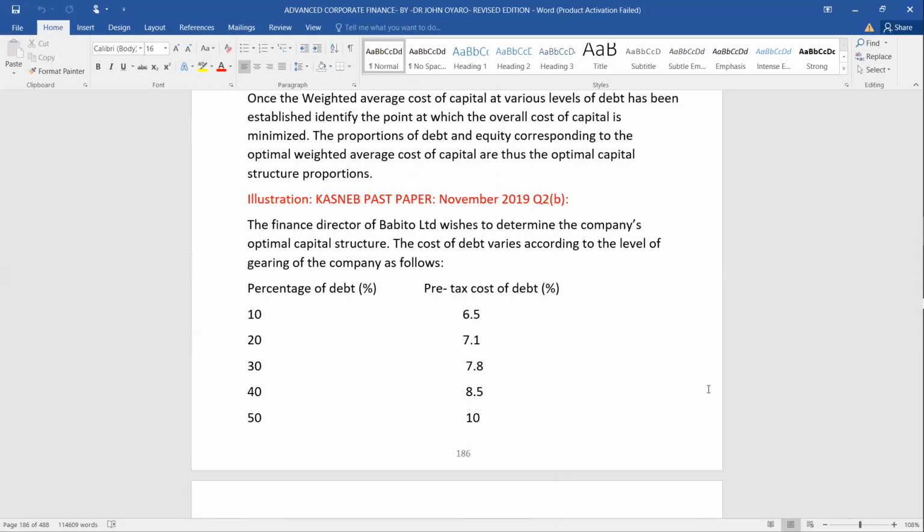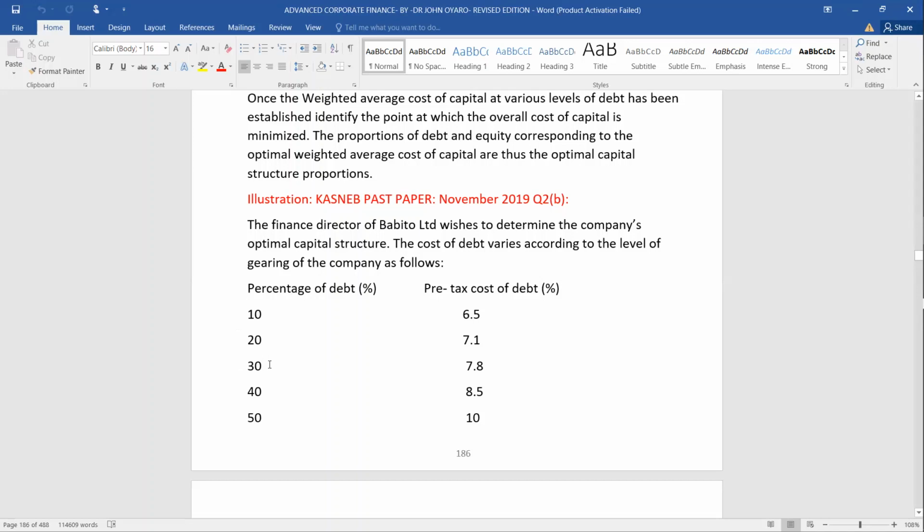The capital asset pricing model comes in this discussion in establishing the cost of equity of a firm at various levels of debt. Here you can see 10% debt, you can find the cost of equity of a levered firm; 20% debt, you can find the cost of equity of a levered firm; 30% debt, the same.